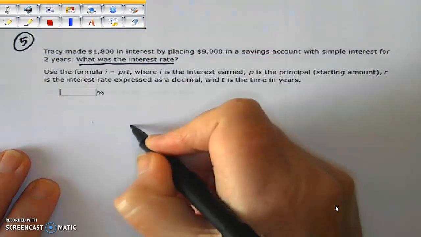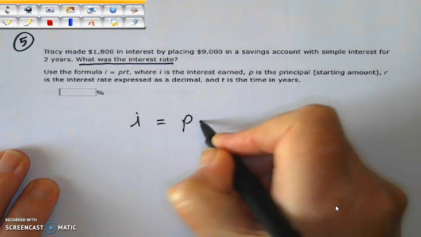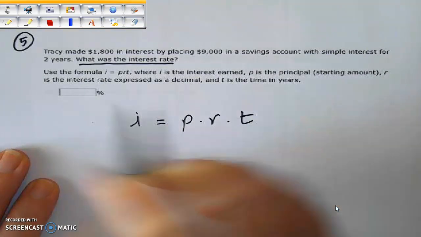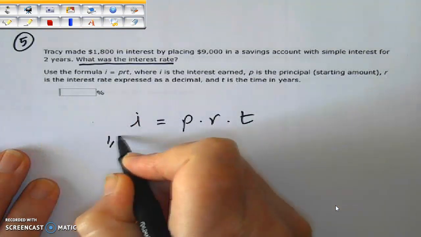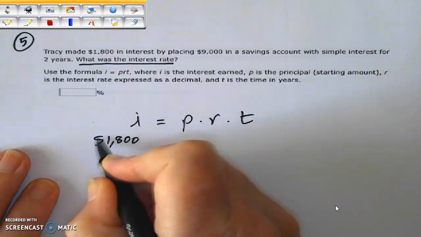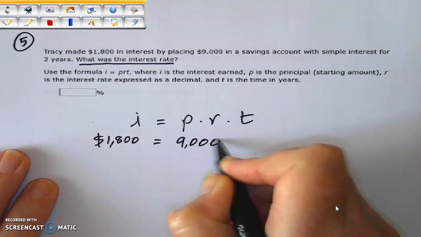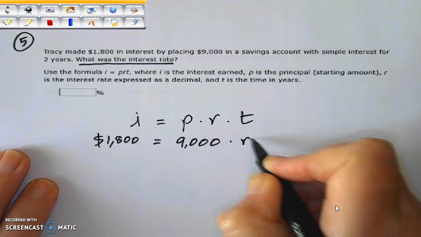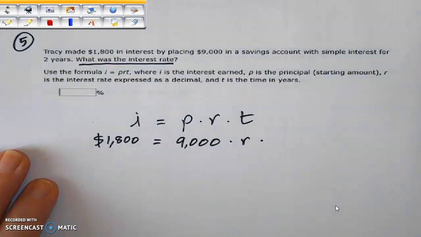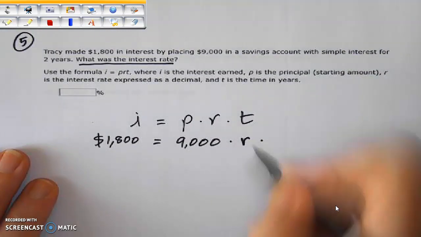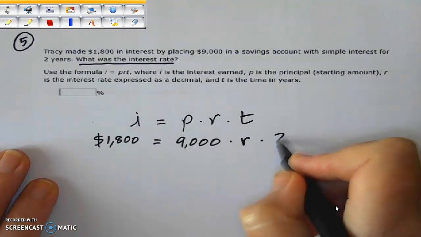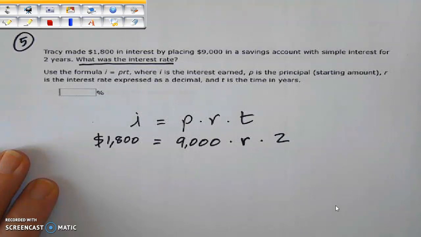Okay, so let's see if we can get all the other pieces of information. She made $1,800 in interest by placing $9,000 in a savings account that was earning simple interest, which is what we're working out here is called simple interest, for 2 years. What was the interest rate?